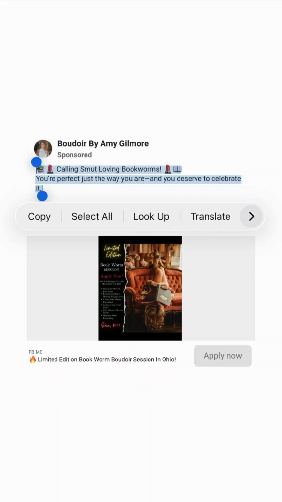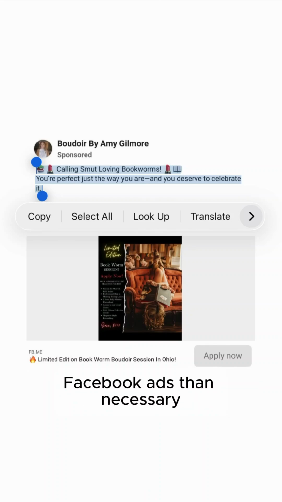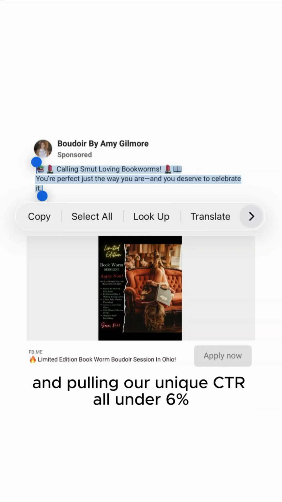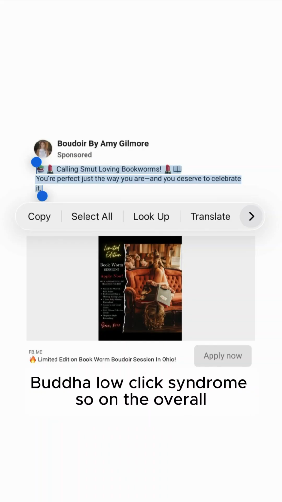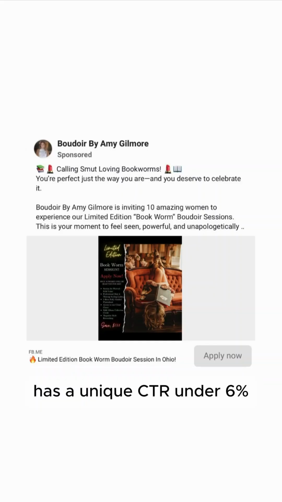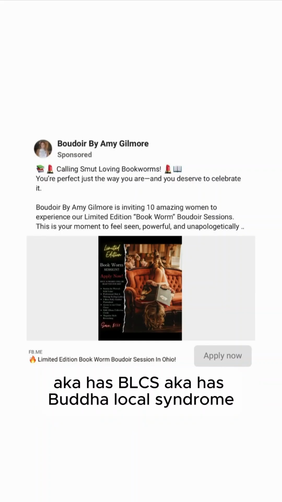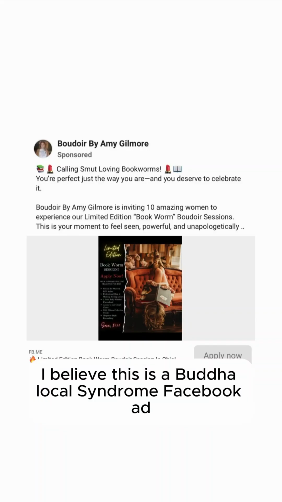So the consequence is way more women scrolling by our Boudoir Facebook ads than necessary, and pulling our unique CTR under 6%, contributing to BLCS, Boudoir low click syndrome. So, overall, do I believe this Boudoir Facebook ad has a unique CTR under 6%, aka has BLCS, aka has Boudoir low click syndrome? Yes, I believe this is a Boudoir low click syndrome Facebook ad.